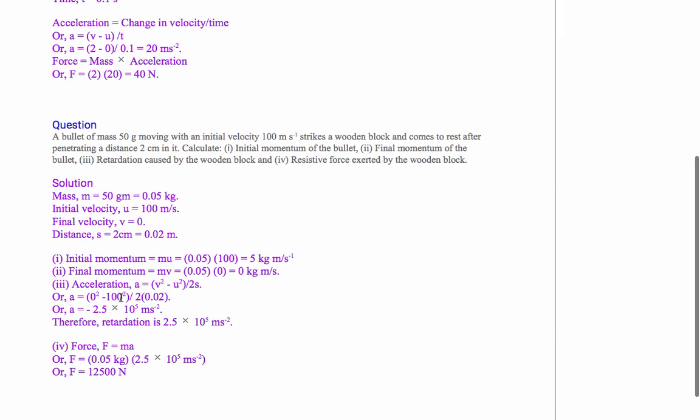Dividing, we get minus 2.5 into 10 raised to power 5 meter per second square as the acceleration. And we know retardation is negative acceleration. So we'll write retardation equals 2.5 into 10 raised to power 5 meter per second square. Here we need not put the sign because retardation itself is negative acceleration.